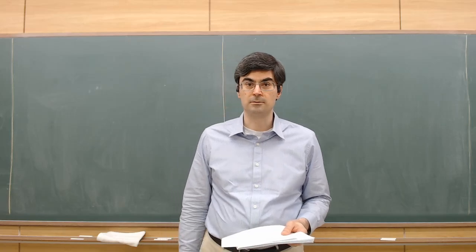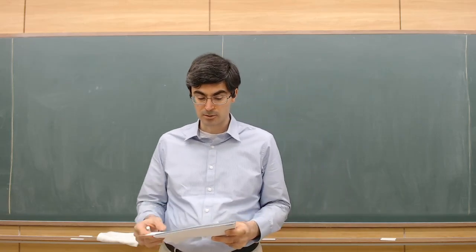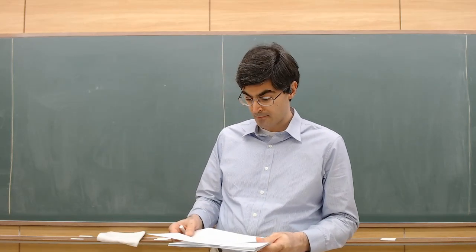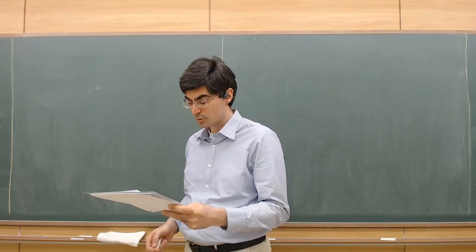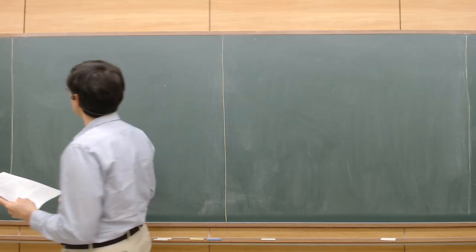Good afternoon. During the lecture of today, we talked about surface area. In order to do this, I need to recall the notion of area distortion of a linear isomorphism.